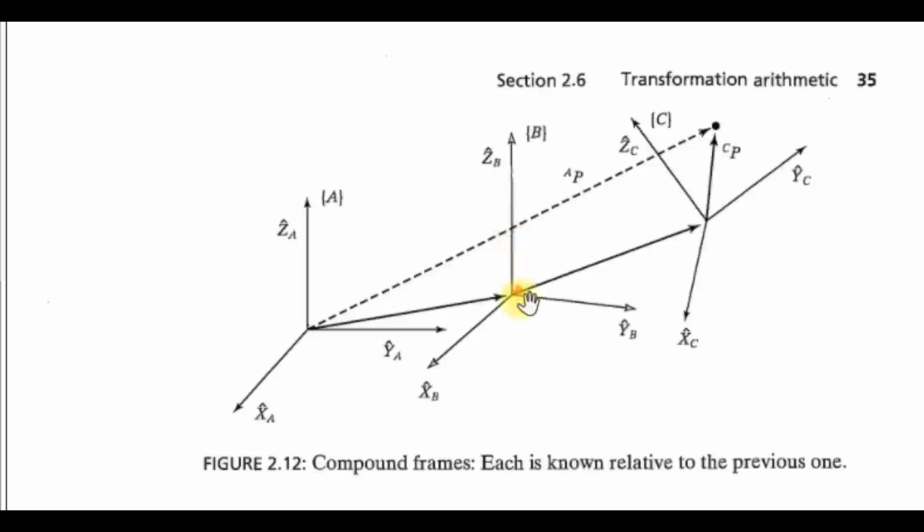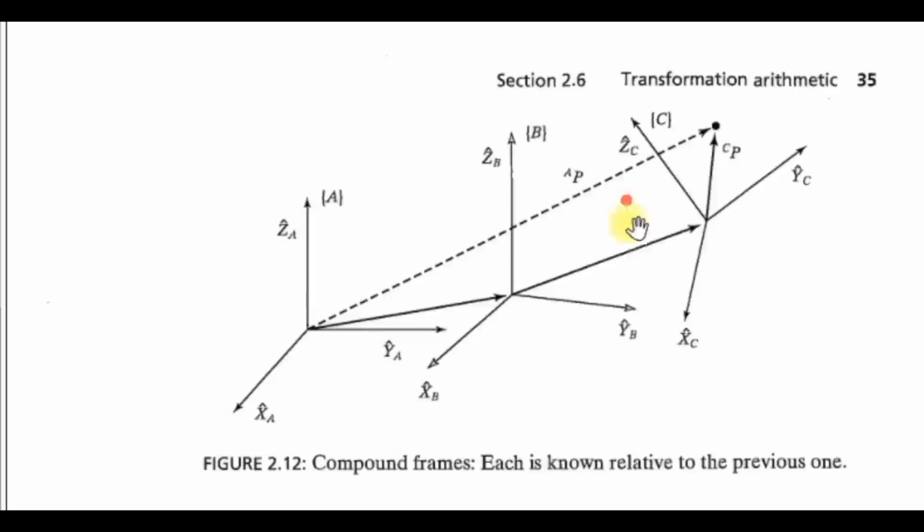I have to calculate the change due to the rotation. How do I calculate the change that occurred due to the rotation with respect to C?